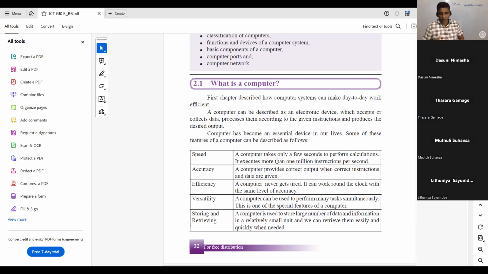So with the improvements of the CPU and the devices, the speed of the computer also improved, according to the processor speed. Processing means it's handling the data according to our instructions. So speed, right?